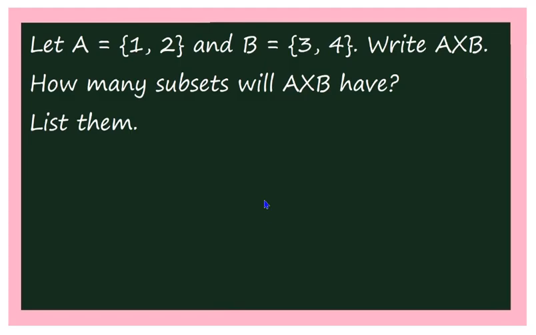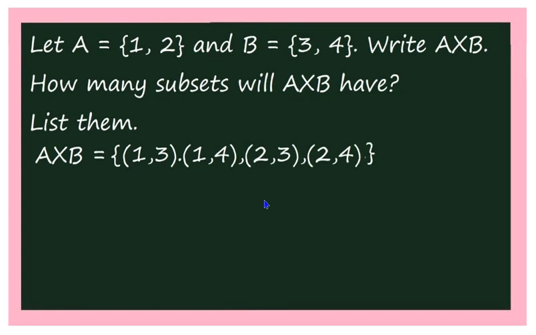There will be 4 elements in A cross B, and that is 1 comma 3, 1 comma 4, 2 comma 3, 2 comma 4. This is A cross B. Next is how many subsets will A cross B have? There is a result: if A is having n elements, how many subsets can be written for the set A? 2 power n, 2 raised to n, that you studied in the first chapter, set theory.